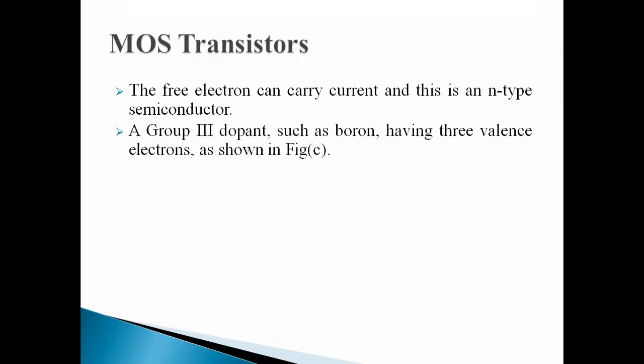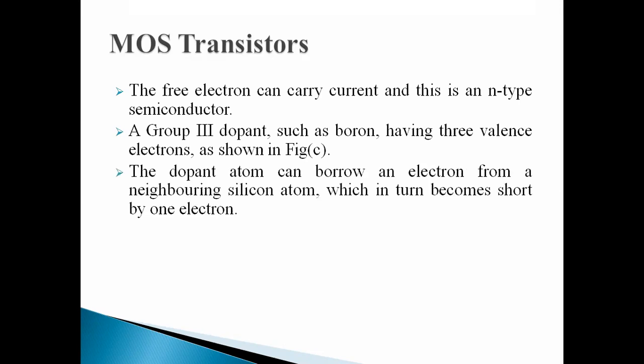Similarly, there is one more variation of semiconductor called P-type semiconductor. A group 3 impurity, such as boron, has just 3 valence electrons. So the boron forms covalent bonds with its 3 neighboring silicon atoms, but it cannot form a covalent bond with the 4th neighboring silicon atom, and a hole is created.